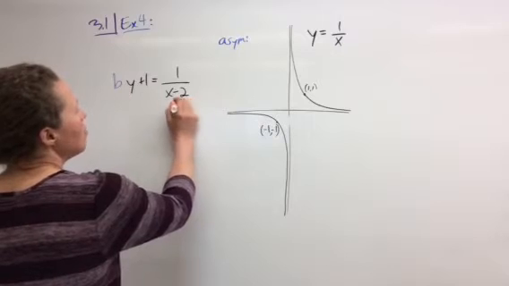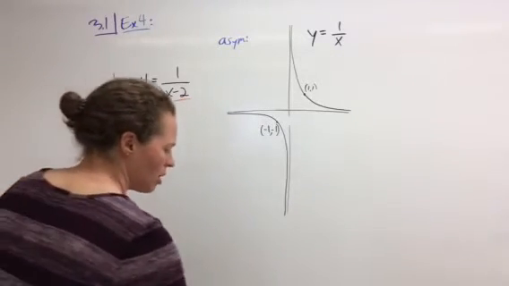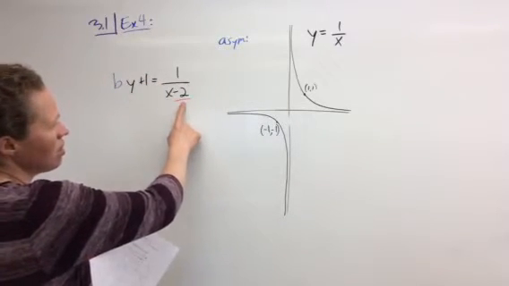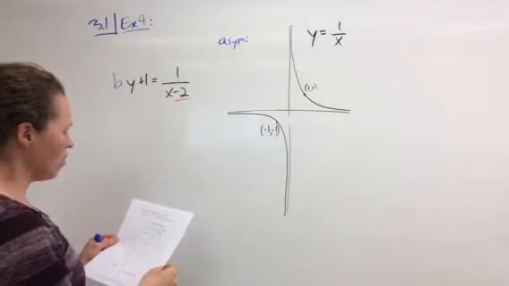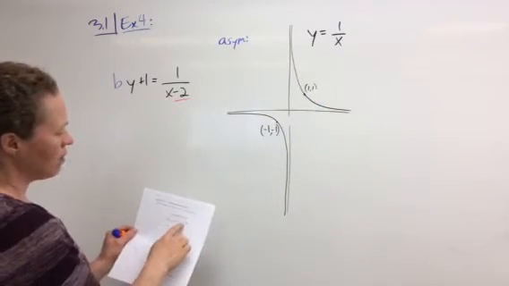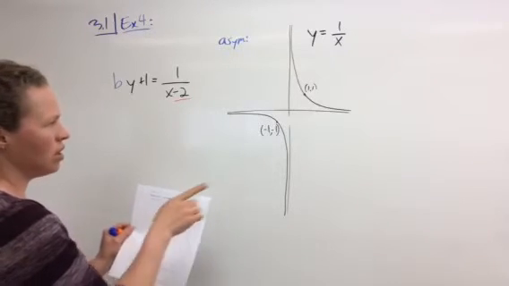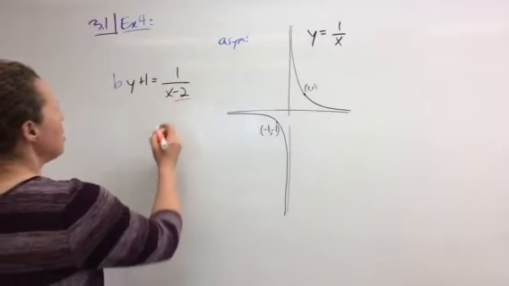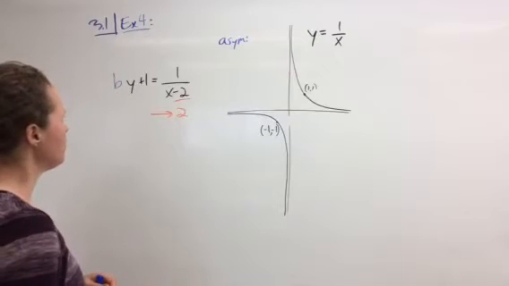So the minus 2, I can look at my sheet and I can see that the x is attached to the 2 within the function. So that's going to be a horizontal shift. And if I look at my sheet, I will see that if I have a subtraction, it's going that way. So I can just write that I've got 2 that way.